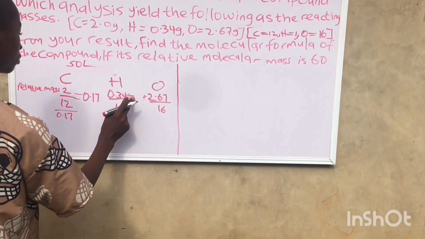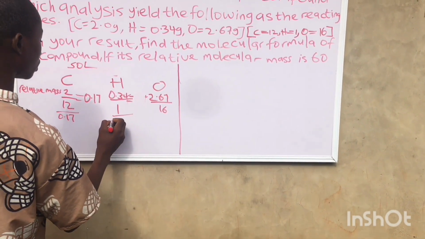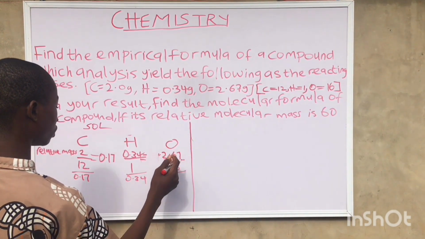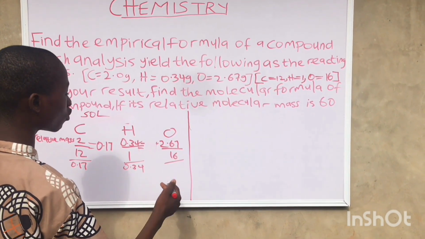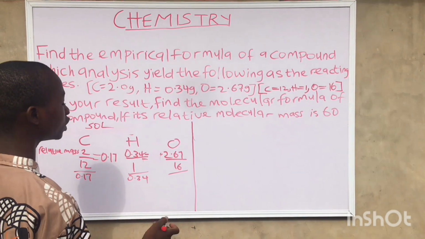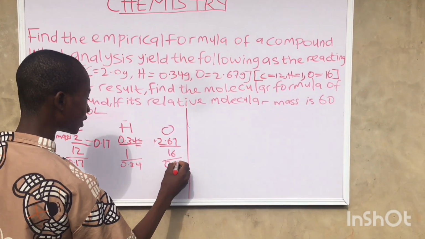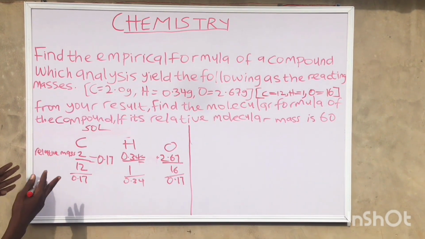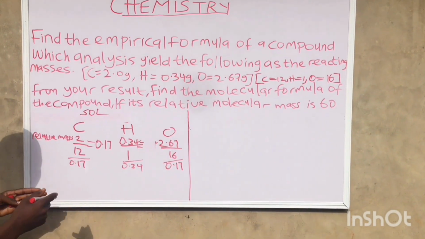And the oxygen one is still 0.166, so we are going to approximate it to 0.17. The next step is to divide by the smallest number.